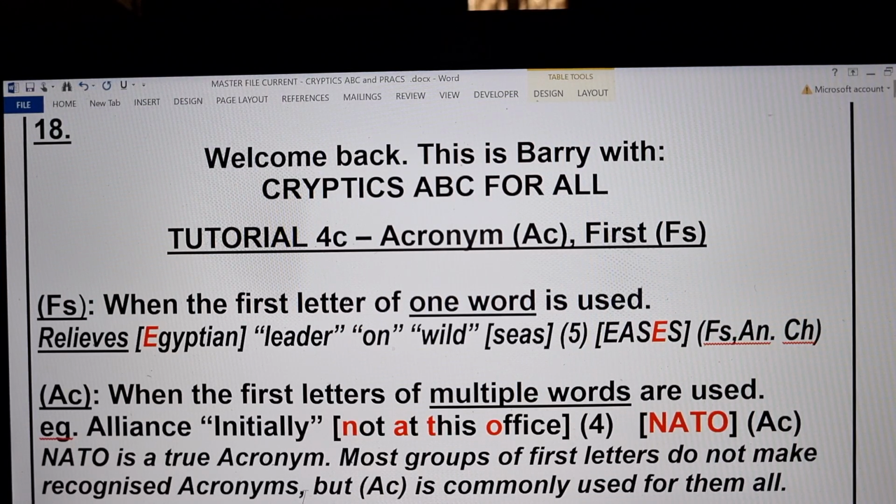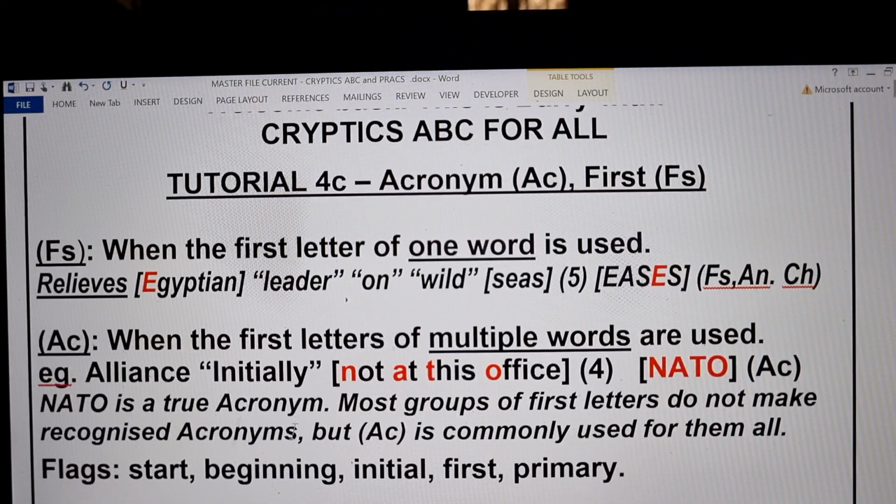Acronyms, where the first letters of multiple words are used. If the first letter of one word is used, it's a first trick. Of course, some people call them all acronyms, whether it's one word or multiple. Look, you can do whatever you like. It certainly saves you thinking if you just call them all acronyms, and you can do that.